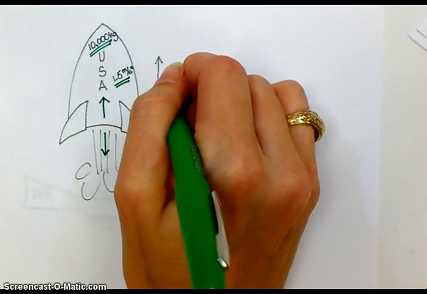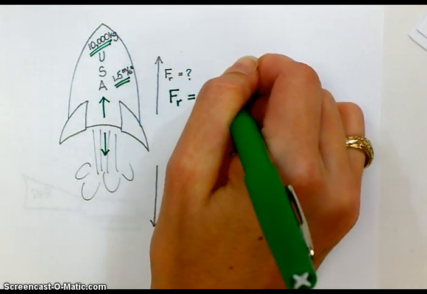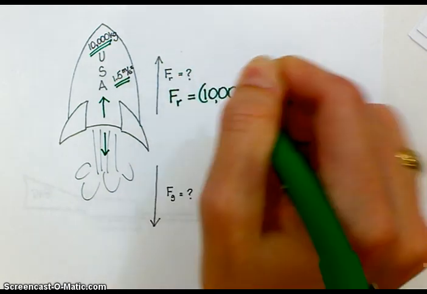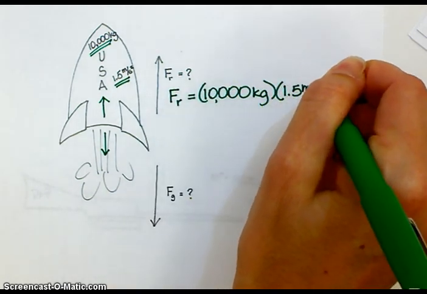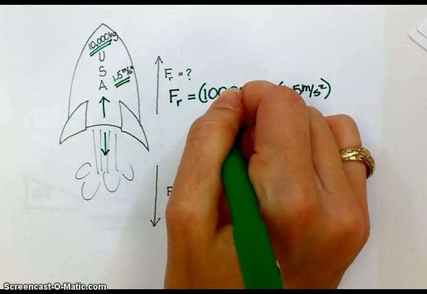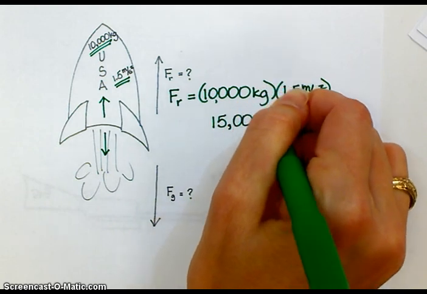So the force on the rocket is mass times acceleration. So the force on the rocket is going to be 15,000 newtons up.